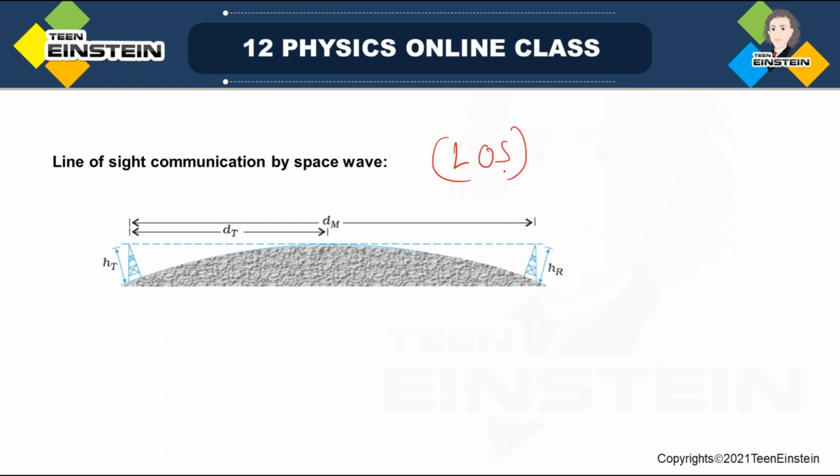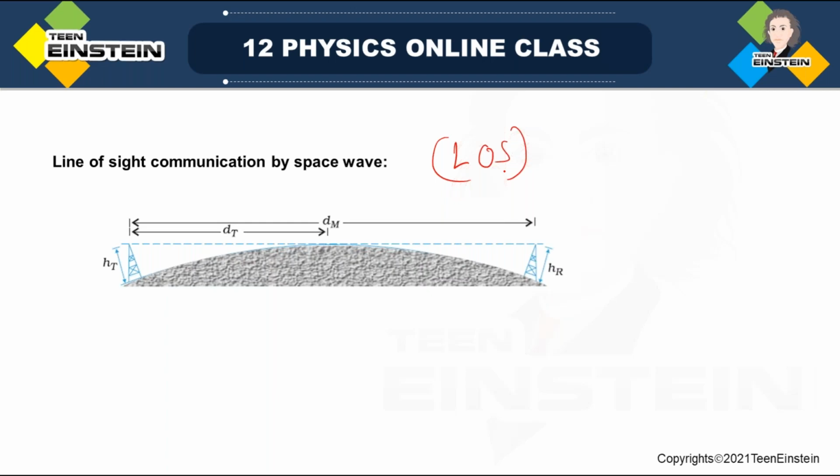Due to curvature of the earth surface, the direct space wave gets blocked at some point. Thus the earth presents a horizon to space wave propagation, commonly called the radio horizon.